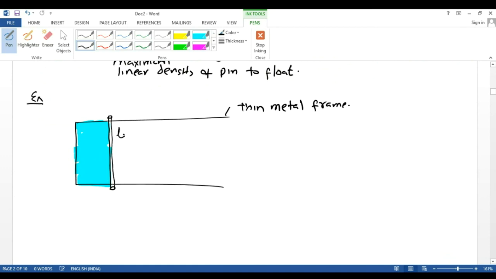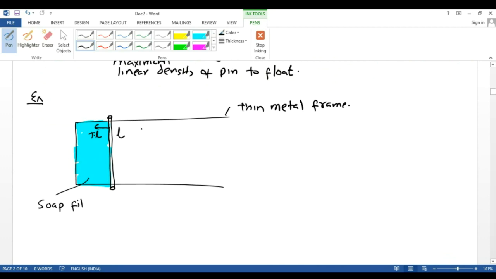So length is L, and length would be very large compared to its cross section, right? So this is soap film. So now on this pin, I hope you can see that there would be a force of P into L acting due to the soap film, right?